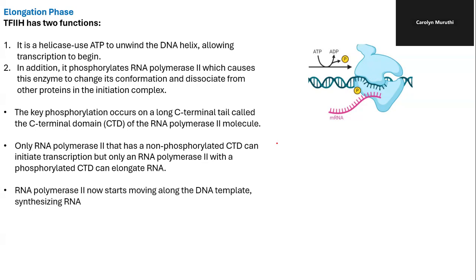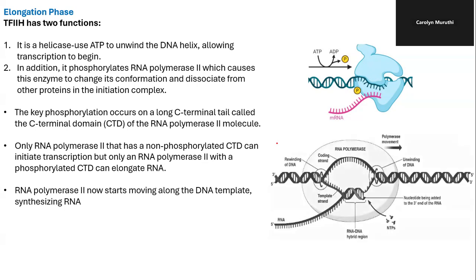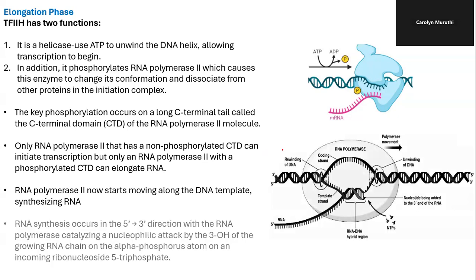So RNA polymerase II will then start moving along the DNA template, synthesizing RNA, and this will take place in the 5' to 3' direction.